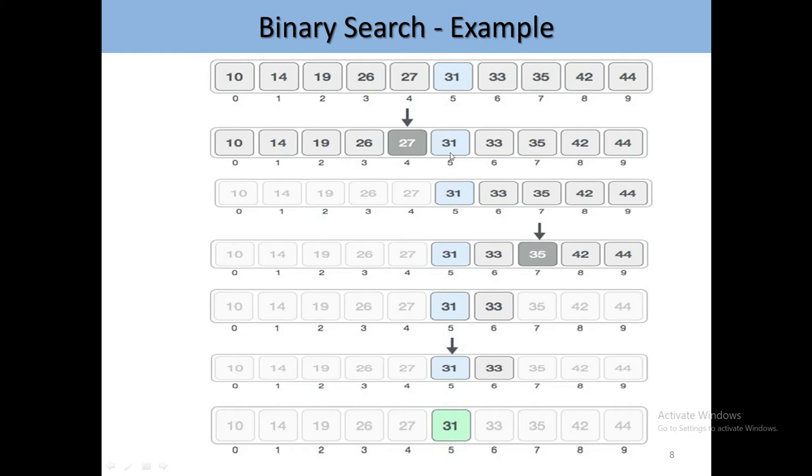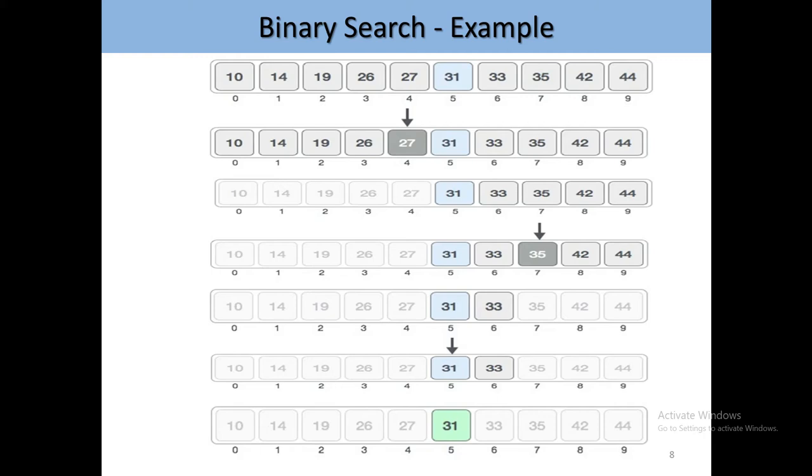The lower bound will now be shifted here, that is mid plus 1. So now this 31 will be our lower bound and the upper bound will be 9. So again, now our list becomes this one, 5 to 9. Now again this binary search algorithm will recursively execute.